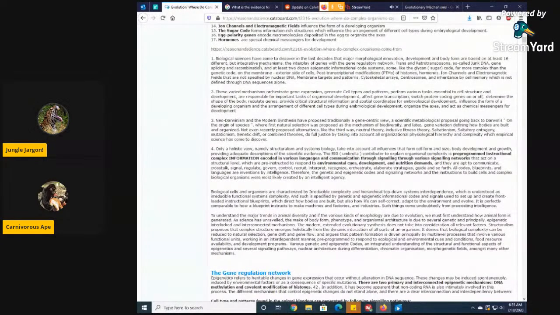Okay, biological scientists have come to discover in the last decades that major morphological innovation, development, and body form are based on at least 16 different but integrated mechanisms: the interplay of genes with gene regulatory networks, transposons and retrotransposons, so-called junk DNA, gene splicing and recombination, and at least 2 dozen epigenetic informational code systems, some like the glycan sugar code far more complex than the genetic code.